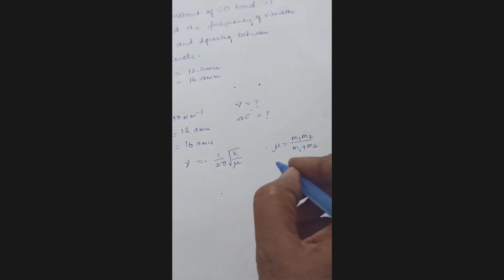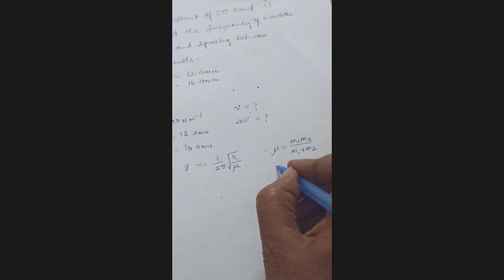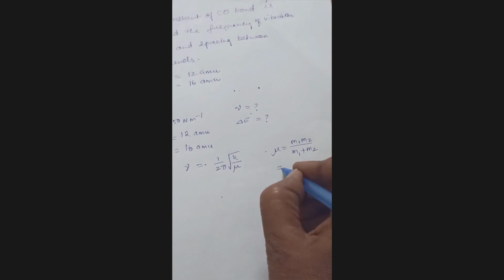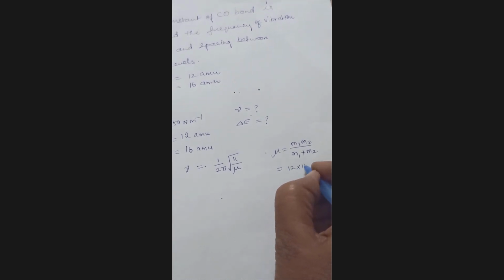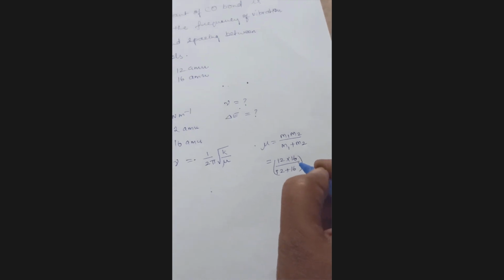So substitute the value of M1 and M2 and simplify, that will give us the value mu. By substitution we will get that to be 12 into 16 divided by 12 plus 16. All this is in AMU.